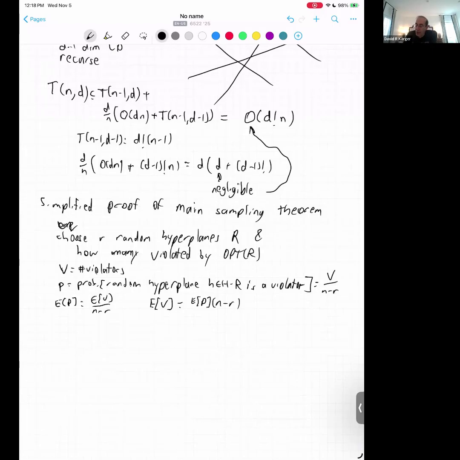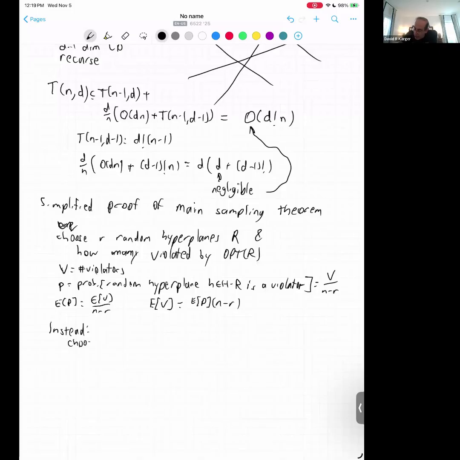And I'm going to do that using a backwards analysis. So the way I've asked this question, I said, first you pick R, and then you pick H, and ask if this H is violating the optimum of R.